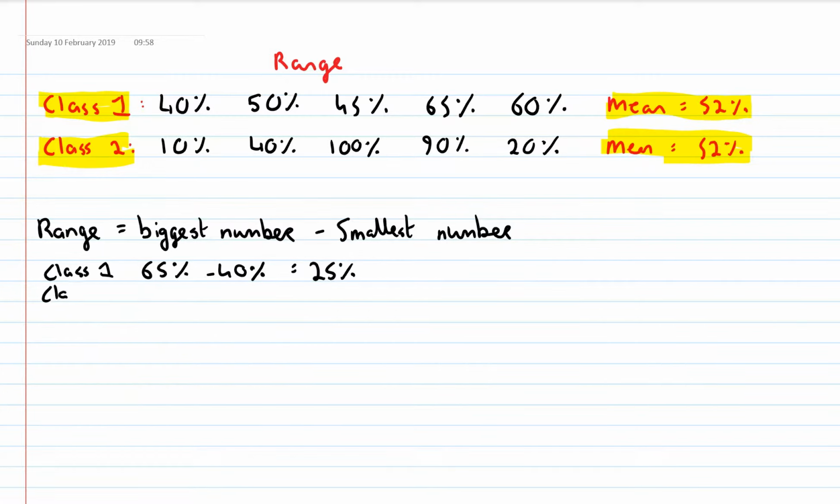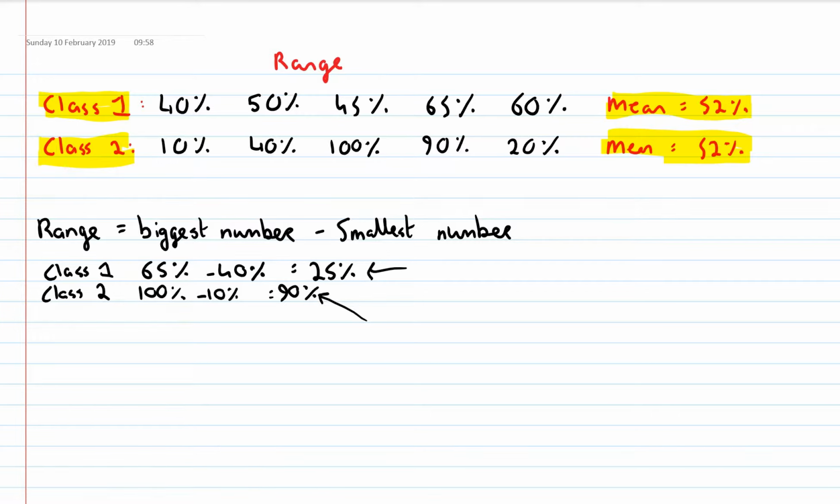And for class 2, it'll be 100% minus 10%, which equals 90%. Now if we compare the two ranges, one is not that big, it's a small enough range, the other is a very big range. The bigger the range, the more spread out the data is.